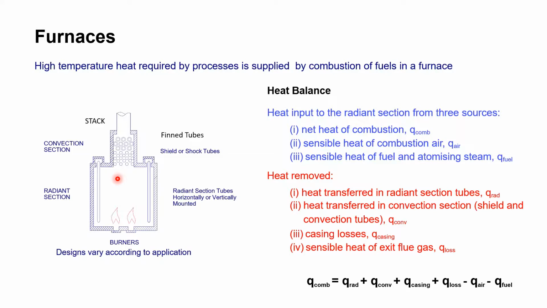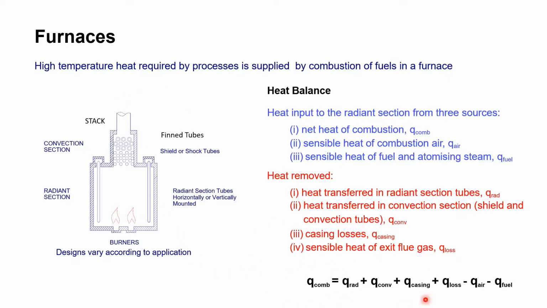Another route by which heat goes out of the system is through the casing losses. We call it heat loss here. The heat can go through conduction from the combustion chamber to the outside, all around the wall of the furnace. And lastly, heat also goes out through the stack in the form of stack gas, or flue gas.